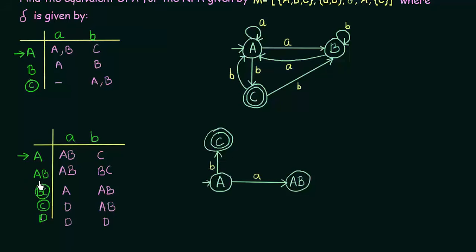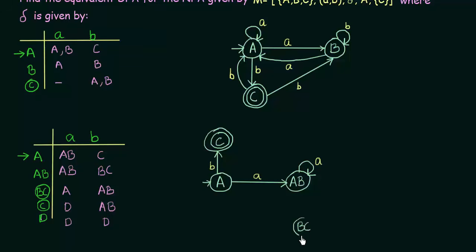Okay, now coming to state AB. AB on getting input small a stays in AB itself. And AB on getting input small b goes to state BC. So I have to make a new state BC here.